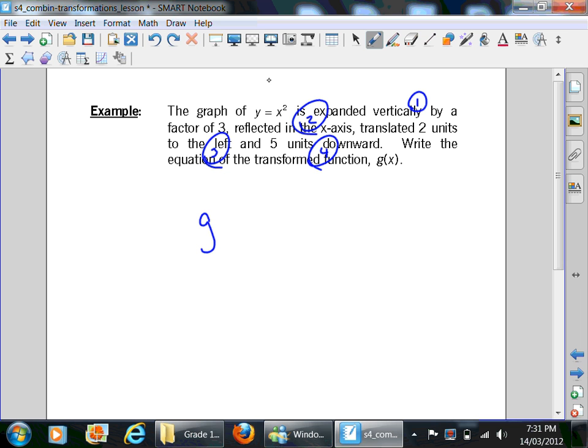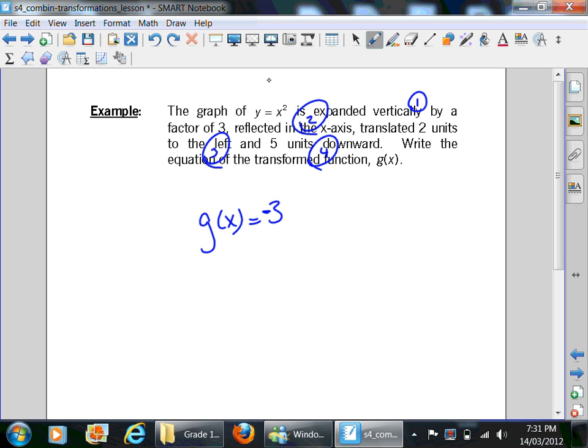So g of x, remember we start off with the vertical or horizontal stretches or compressions, however we want to put it. If it's vertically by a factor of 3, then that would be 3. Now it says reflected in the x-axis, so that would be negative 3.